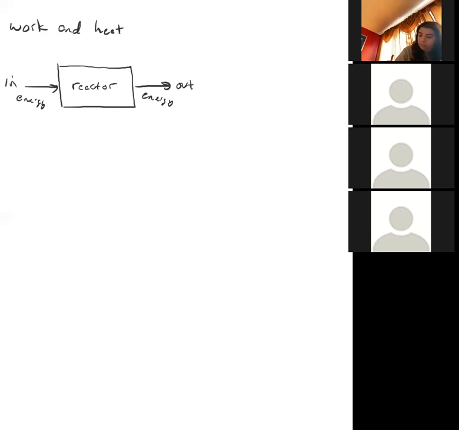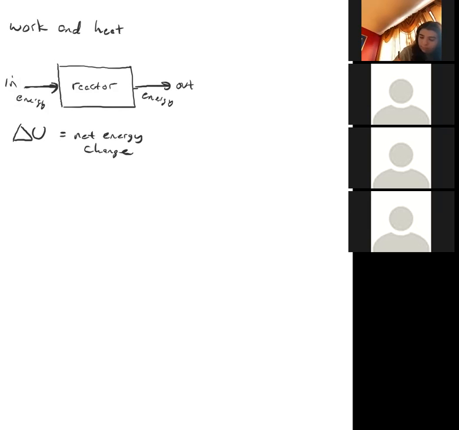And so we're going to call the net delta U the net energy change, meaning how much energy went in, how much energy went out, what's the difference between the two?